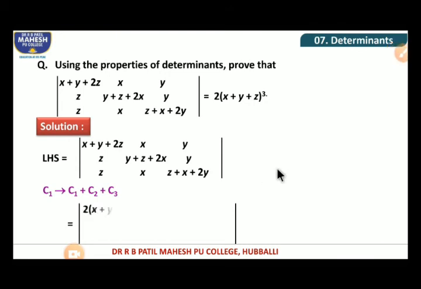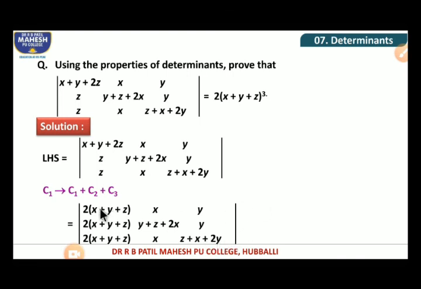Similarly x, y, and here it is 2 into the bracket of x plus y plus z, and here we have y plus z plus 2x, and it is y only, and again 2 into the bracket of x plus y plus z, x and z plus x plus 2y.